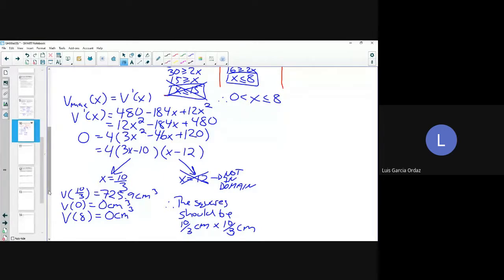Okay, so everyone's pretty confident with these? All right. So we're going to move to our last example for our optimization. I'm going to start it off, and then you guys are going to solve the rest.